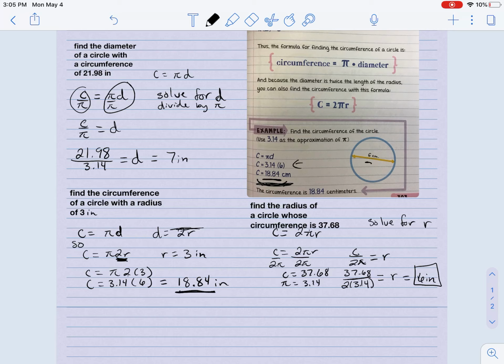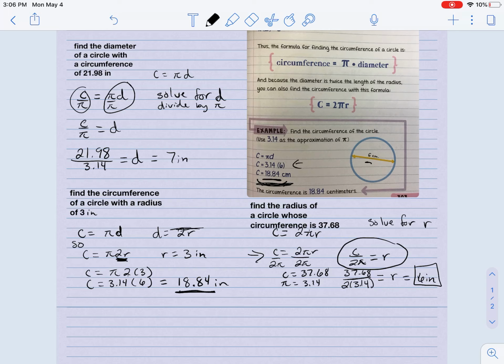The last thing: same thing, except we're given the circumference and we need to find the radius. Once again, we know that circumference equals 2 pi r. We want to get r by itself, so we divide both sides by 2 pi. That's what's going on in this section right here. That leaves us with this equation, c divided by 2 pi equals r. We just rearrange the equation to solve for r. Now we plug in the values that were given.